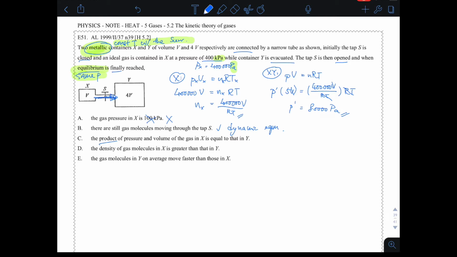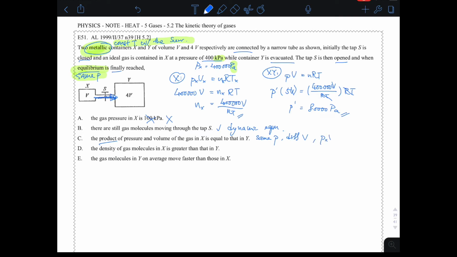Next, the product of pressure and volume of the gas in X is equal to that in Y. That means we want to know whether PV for X equals PV for Y. Then what we have is they have the same pressure at the end, right? But they have different volumes. One is V, one is 4V.